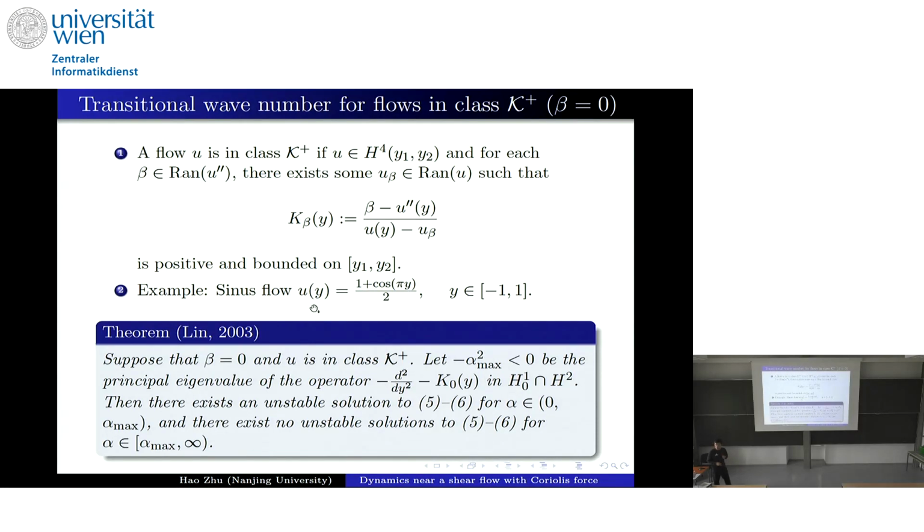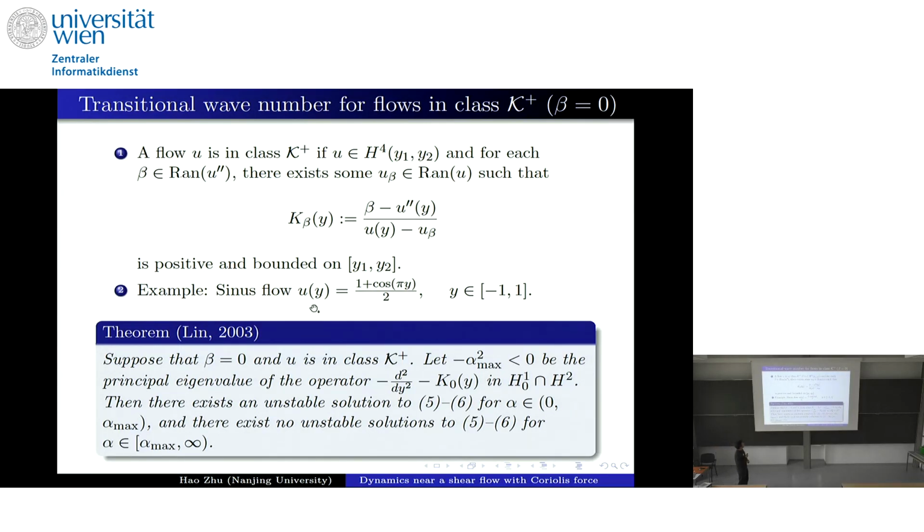For the sufficient condition to ensure the linear instability, for general shear flow, it is very difficult. So we now consider a special class. Here we call it class K plus. What does it mean?